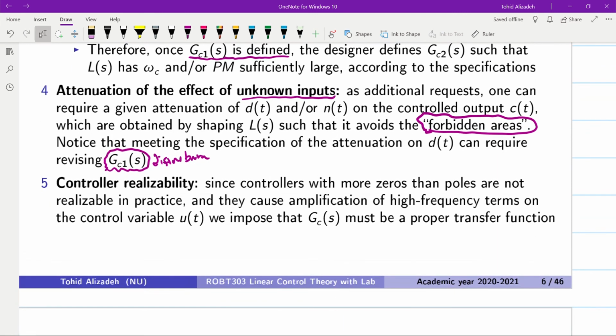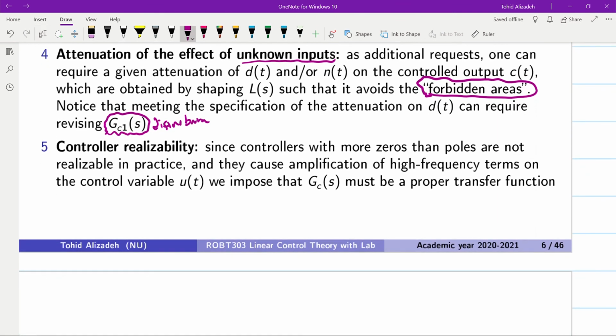In terms of controller realizability, we know that in order to have the controller realizable, the number of zeros shouldn't be more than the number of the poles for the controller in the transfer function. Otherwise it will be an ideal one which will not be realizable.